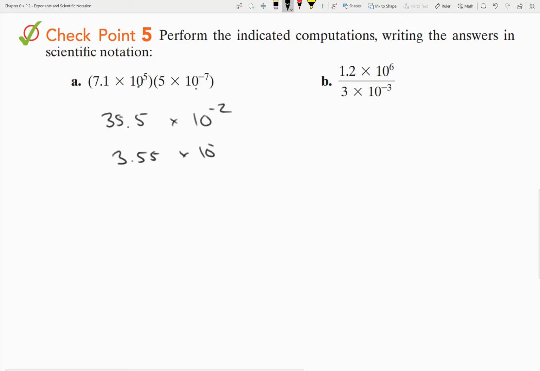Adding 1 gives me 10 to the negative 1 power. 1.2 divided by 3 gives me 0.4 times 10 to the 9th power, right? 6 minus negative 3, or negative 3 up to the top becomes 10 to the 6th times 10 to the 3rd, which is 10 to the 9th. Move this 1 to the right, so it's 4 times 10 to the 8th power.